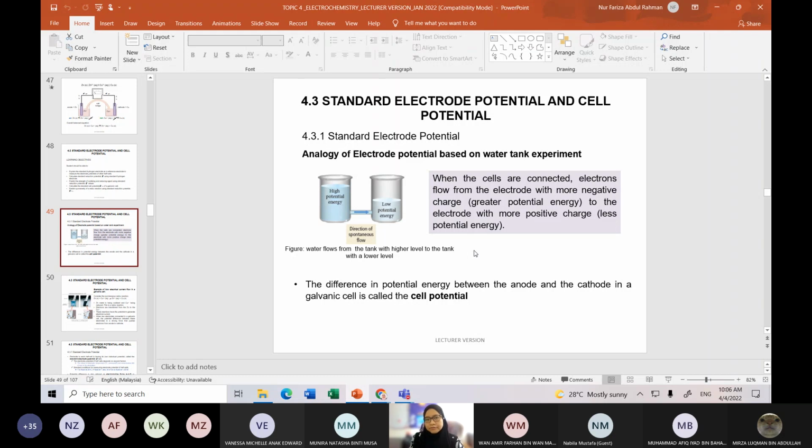For an electron to flow from one cell to another cell, the cell itself needs to have a difference in potential. Then only can it drive the electron to move from one half cell to the other half cell, from the oxidation half cell to the reduction half cell.